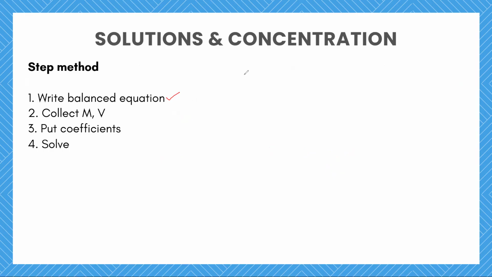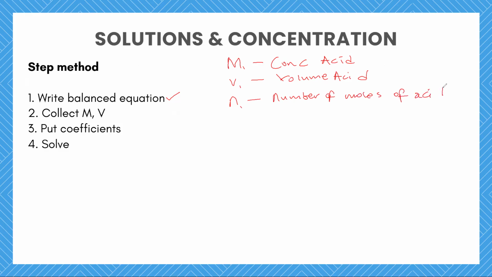Let me just give the breakdown of what each variable means. M1 simply means the concentration of the acid. V1 means the volume of the acid. N1 simply means the number of moles of the acid. Now, this is gotten from the balanced equation that is given to you from the beginning of the question.